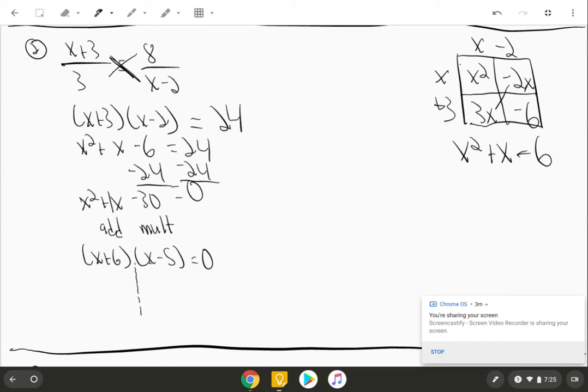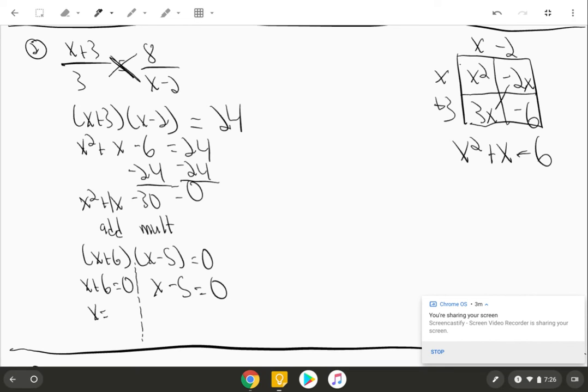I can now go ahead and set both of those equal to 0 and solve for x. So this quadratic will have two solutions. Okay, so x plus 6 equals 0.